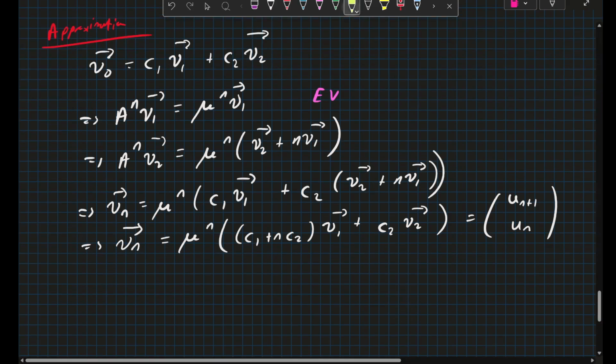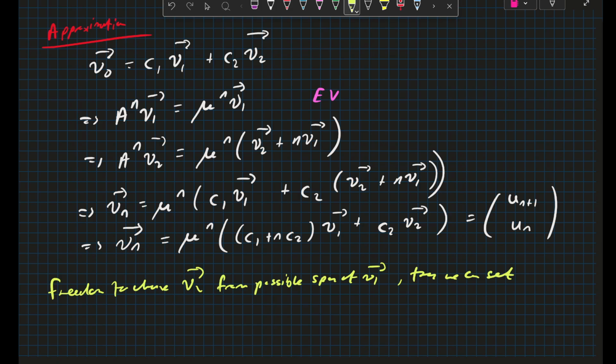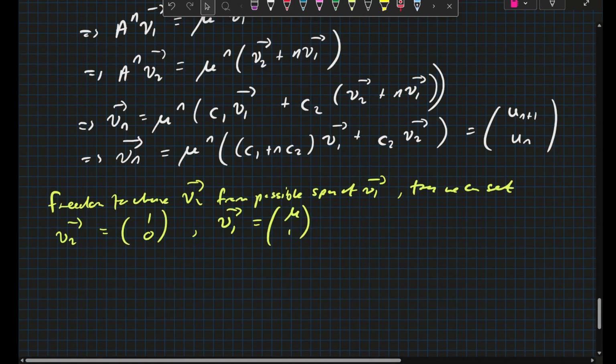One thing we can do is, for the fact that we have a freedom to choose V2 from the possible span of V1, then we can set V2 to give us 1, 0, and that will give V1 to be the vector mu1. And that actually does work. That is a result that you can prove.